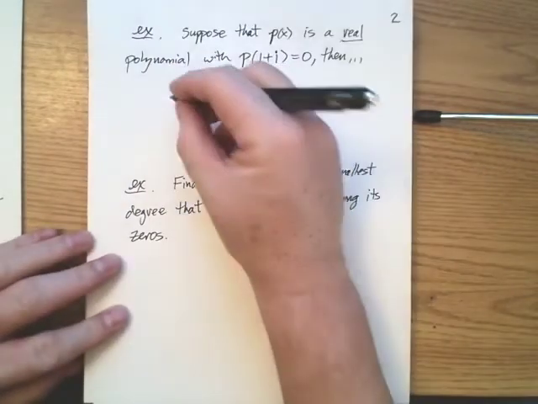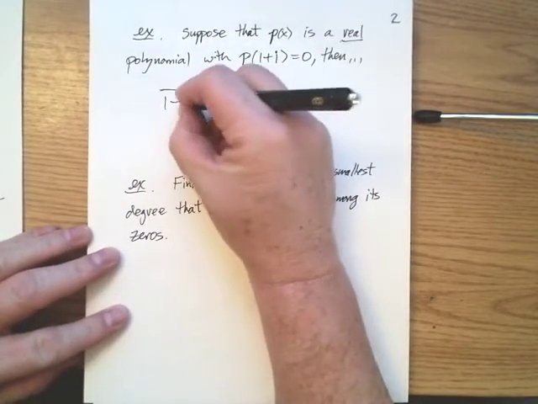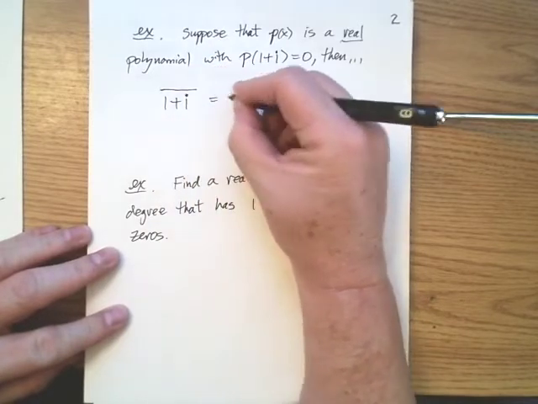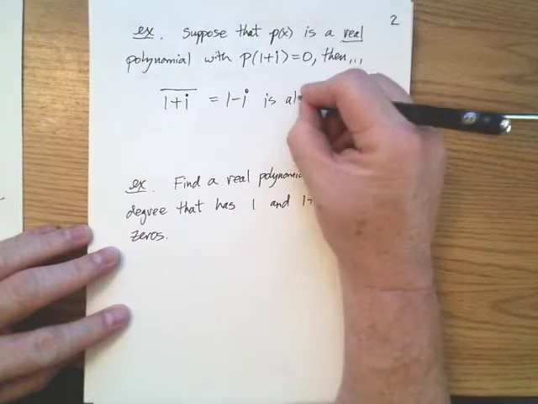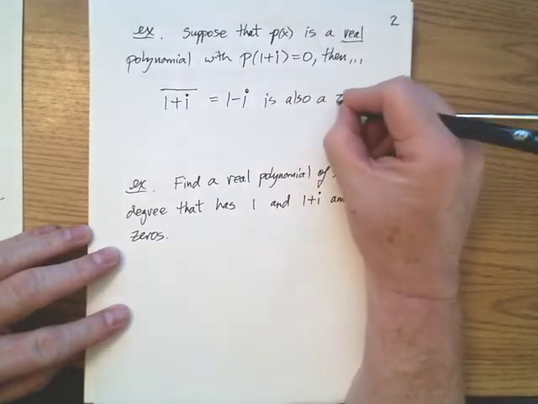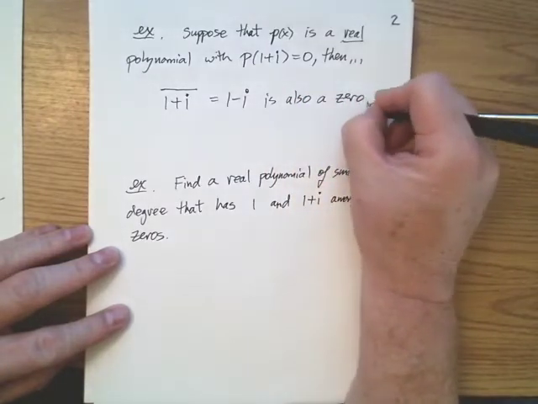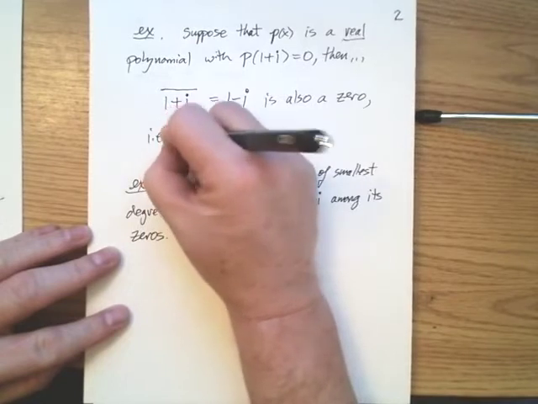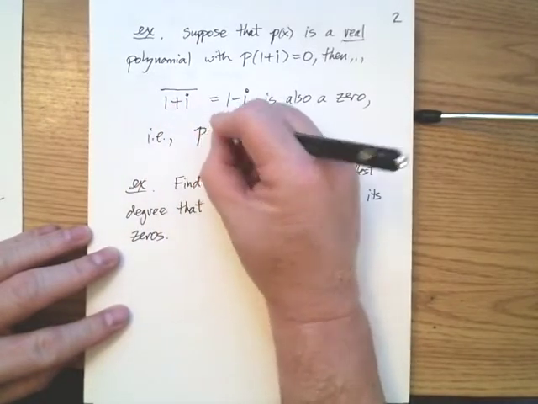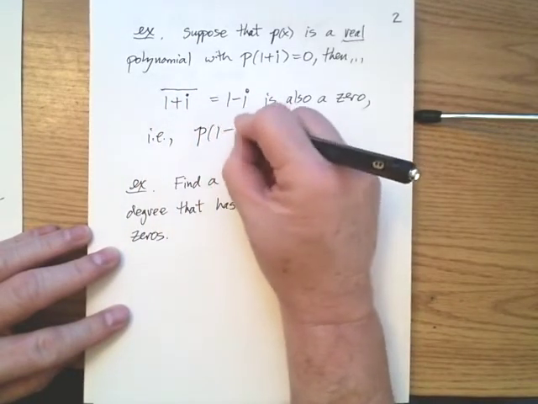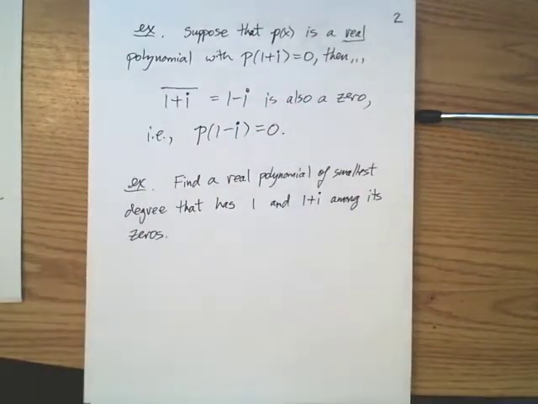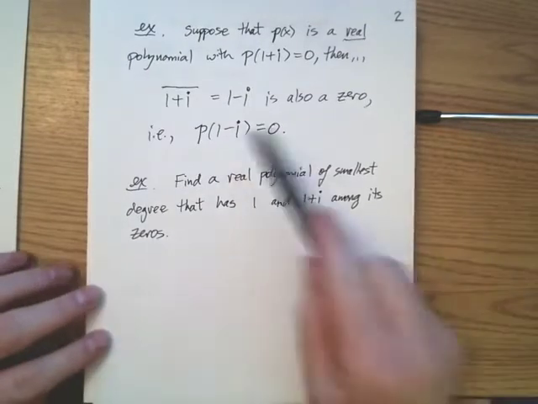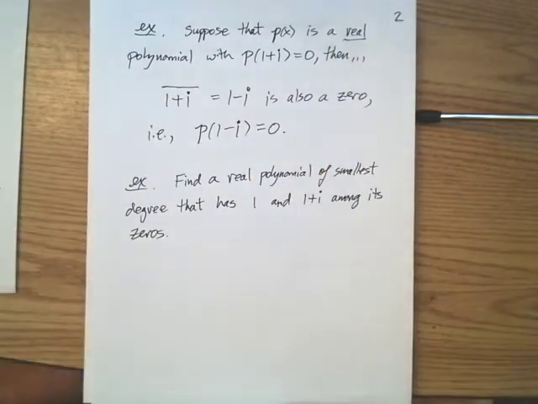Well, you could say that the conjugate of 1 plus i, which is 1 minus i, is also a zero of p of x. What would that mean? That the polynomial p evaluated at 1 minus i must also be 0. You could have just stopped and said 1 minus i is also a zero of p of x.